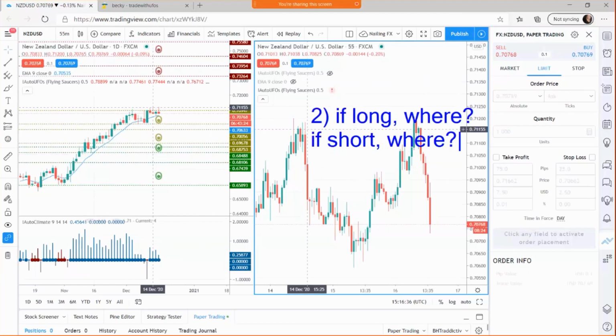We're unlikely to be able to get the most out of the market to the upside, or if we're short to the downside, to collect as much profit as possible. And we lack probabilities because we're just getting in at random. What we want to make sure is if we have probabilities to the upside, where's the best place to increase those probabilities, keep our risk low, keep our profitability high? Where are we going to do that? If we have probabilities to the downside, same thing. Where's the best place to go short?